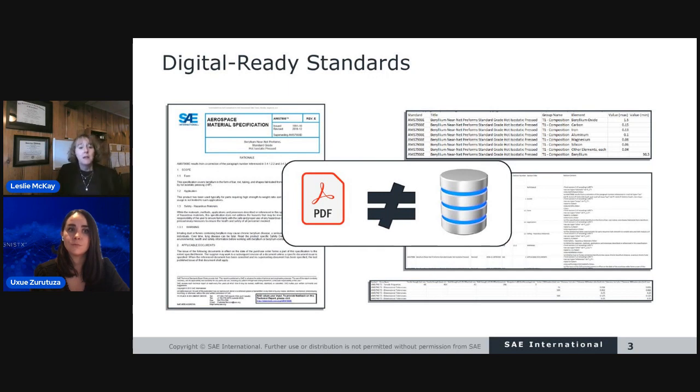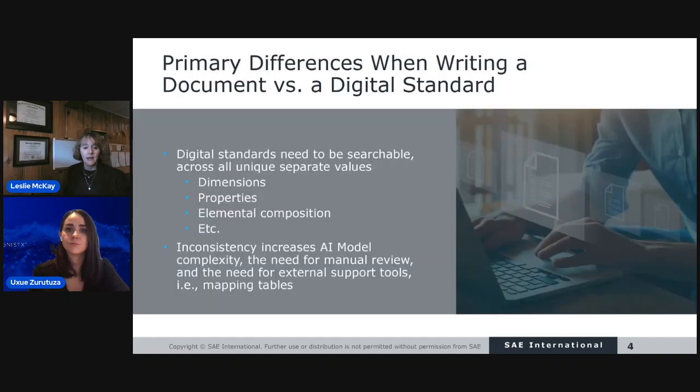A PDF is how we generally distribute standards today, but a PDF is very, very different from a database. We're going to have to start thinking about documents and standards as being several different components of a database that are going to be separated and need to stand on their own.